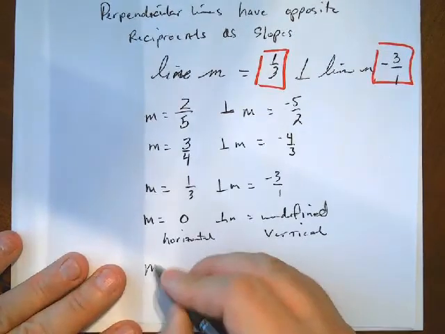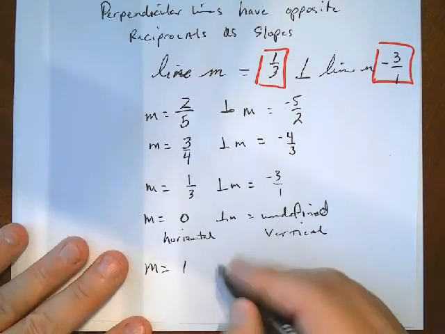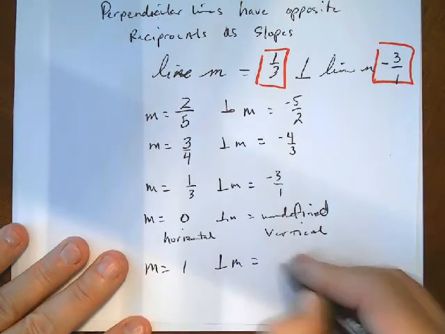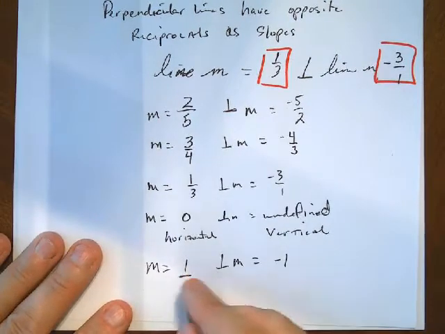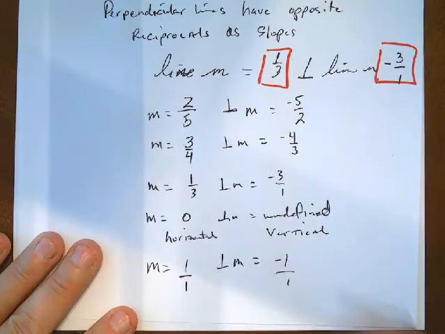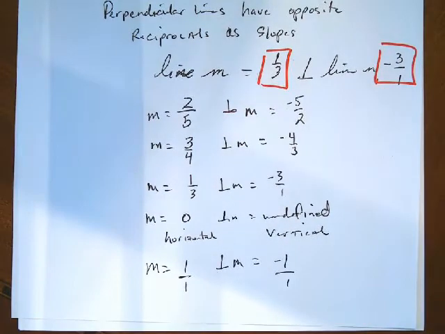What if we have a slope of 1? Then the perpendicular slope would be -1. You can always write them as a fraction, 1 over 1, at any time.